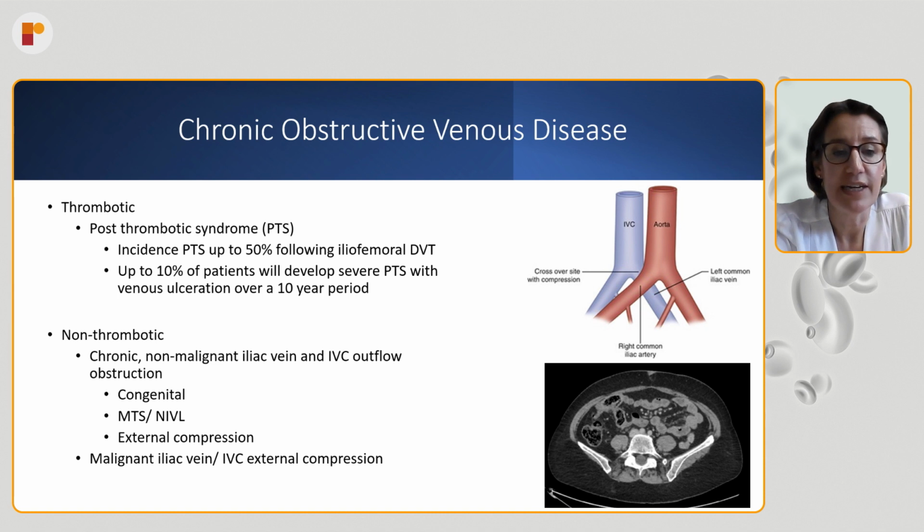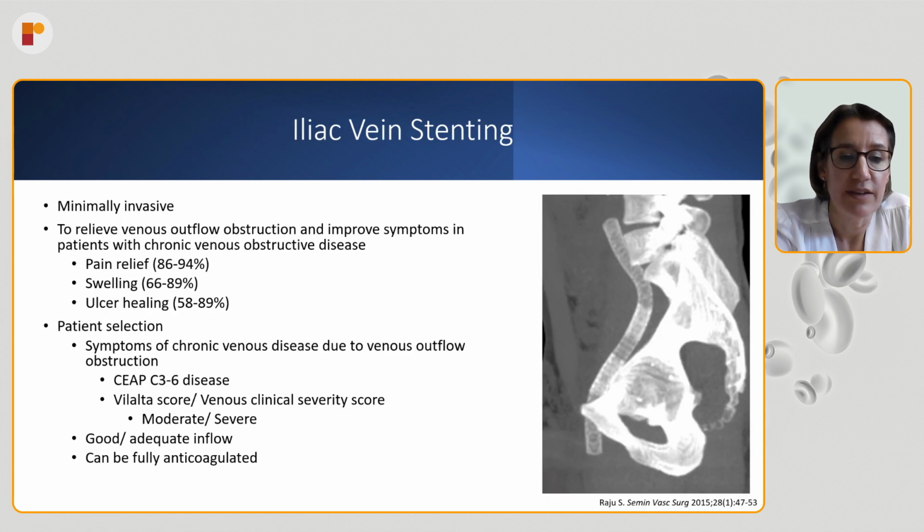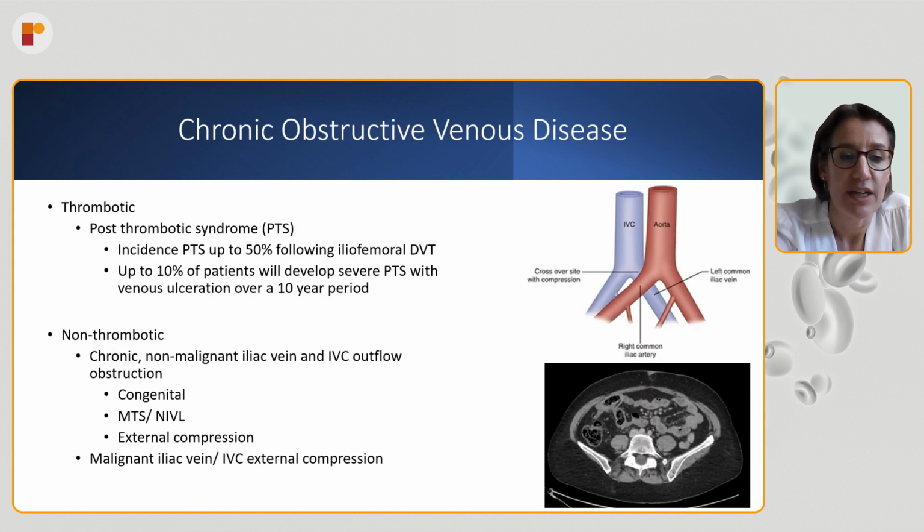And as mentioned previously, up to 10% of those patients will go on to develop severe post-thrombotic syndrome with venous ulceration over a 10-year period. Non-thrombotic causes can be things such as congenital lesions, May-Thurner or Nutcracker lesions, or indeed external compression from a fibroid uterus, etc., as well as malignant causes.